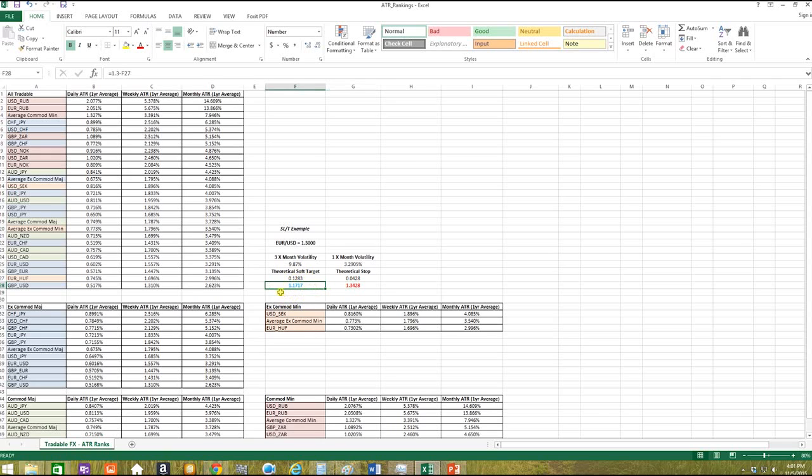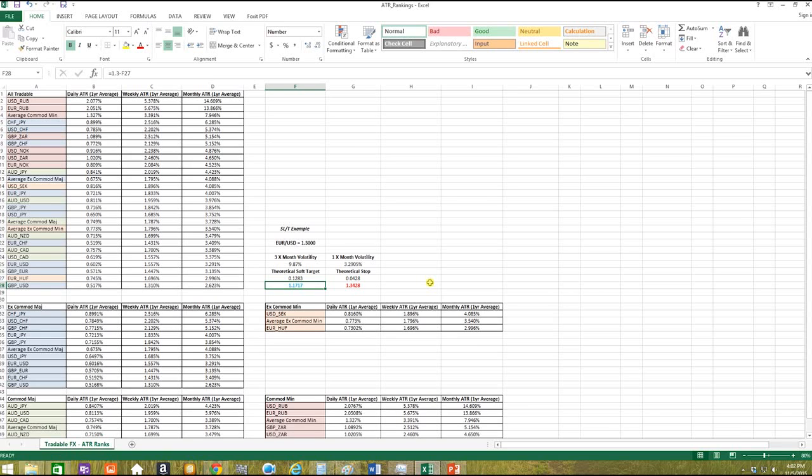Now we know that it's possible from our 3-month volatility analysis that euro dollar could quite easily within 3 months trade towards 117 or even trade at 117. So we have our soft target at either 3 times 3, 9 points, or 4 times 3, 12 points, and take this away from 130.